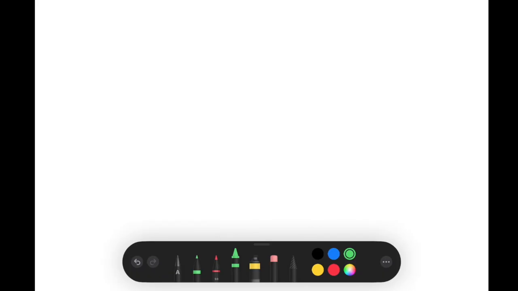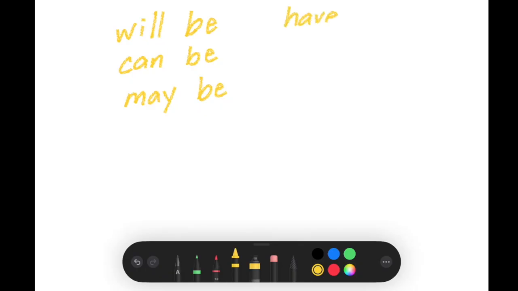Now, we actually have two words that, when together, show state of being, or they are linking verbs. Okay? And these are the words: will be, can be, may be, have been.